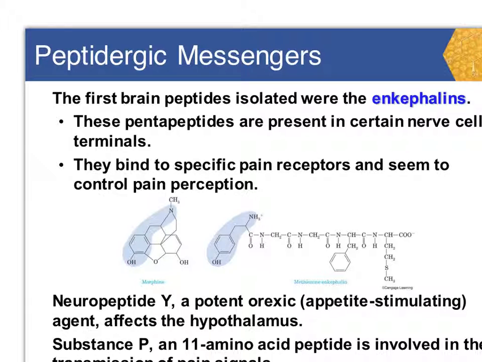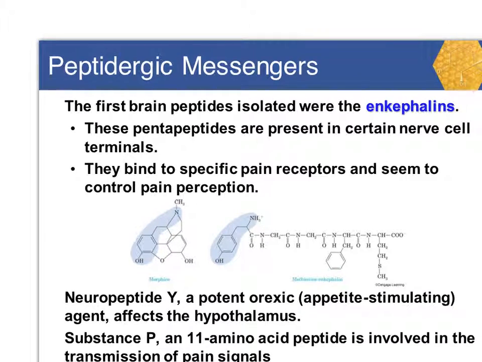So we're moving on to peptidergic messengers, which are neurotransmitters that are made up of short peptide chains. The first brain peptides isolated were called the enkephalins. These pentapeptides are present in certain nerve cell terminals. They bind to specific pain receptors and seem to control pain perception.